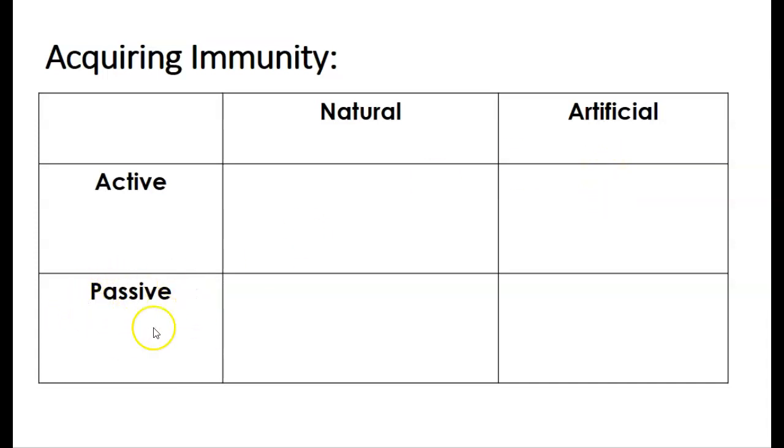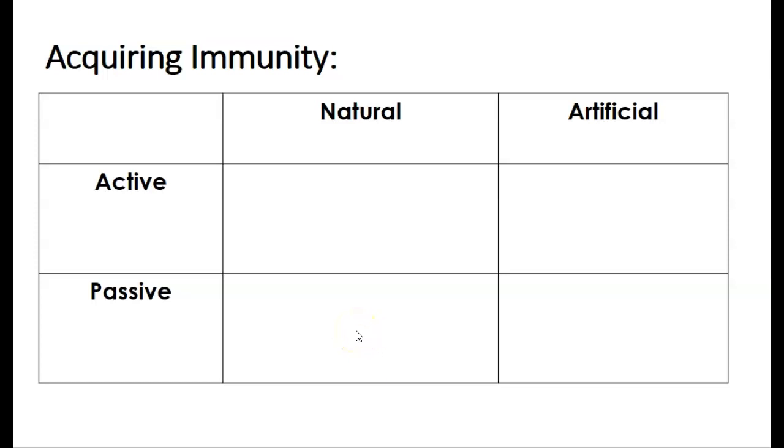Okay, passive immunity, the two examples will be where you have been given antibodies. So you can be given antibodies naturally, and the two examples of that are antibodies that cross the placental barrier.